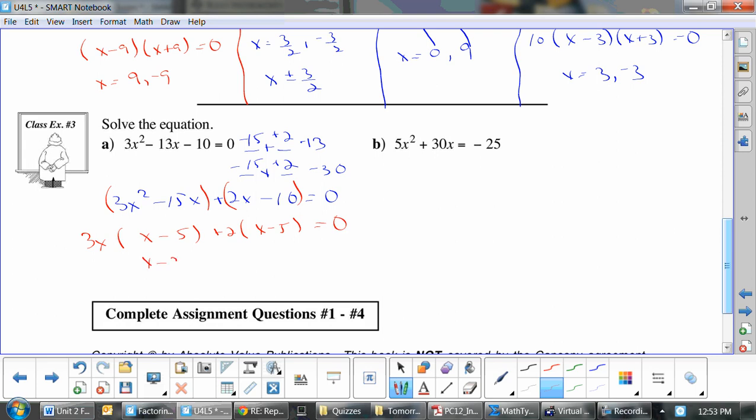So I've got x minus 5, 3x, x minus 5, and 3x plus 2 equals 0. What are my two answers? x equals 5 and negative 2 over 3. I thought that's what you said, Justin.